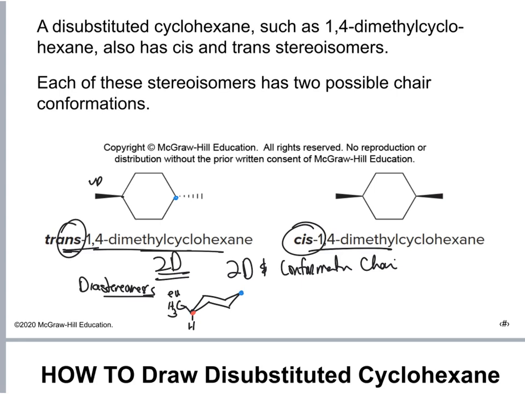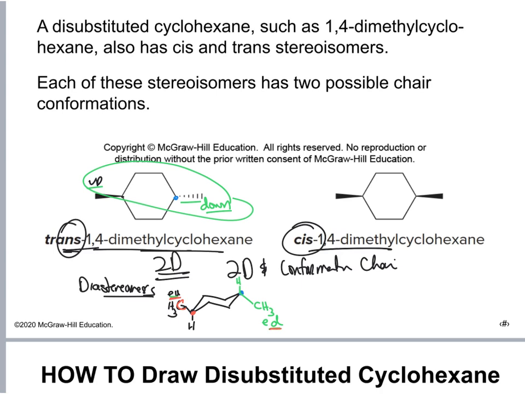Now, this is up. This is down. Equatorial down. So we have down and up. See, this has to be up and this has to be down. Now, if you wanted to make this up and that down, that's okay, but relative to each other, these CH3s have to be up and down.